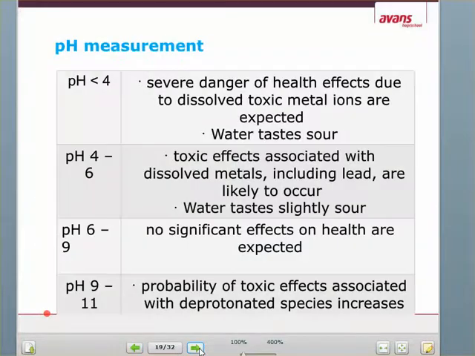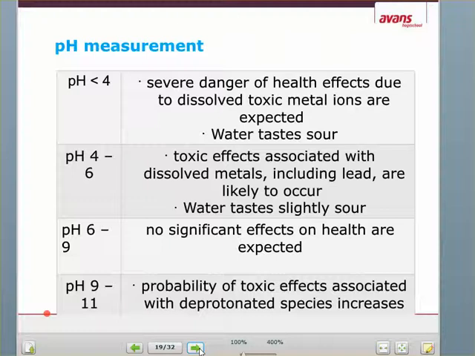Anyway, so pH is not necessarily an indicator of bad water, because some water is naturally acidic, especially if you are in a forest, because forests have normally just acidic ground soil.